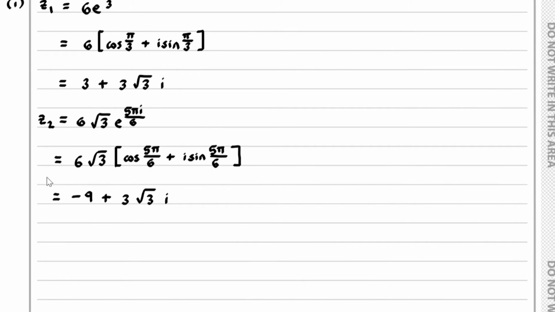So, if we begin by working out what z1 plus z2 is, we have z1, which is 3 plus 3 root 3 i, plus z2, which is minus 9 plus 3 root 3 i.